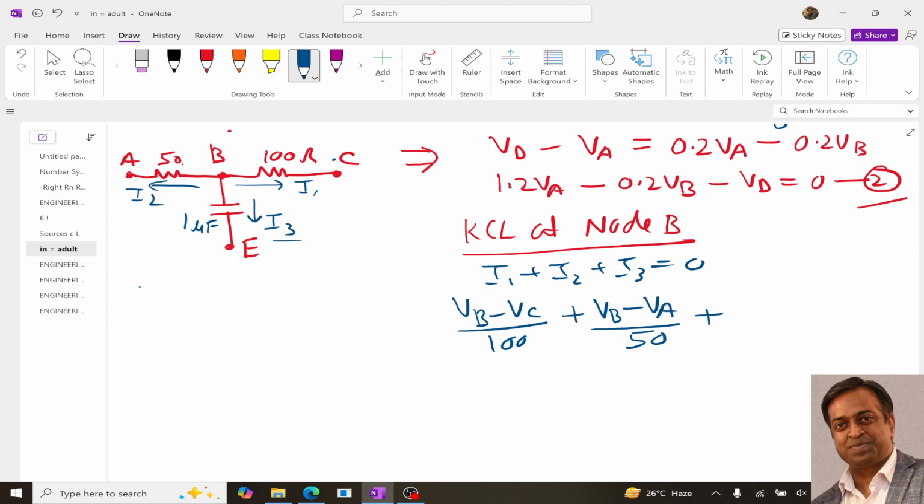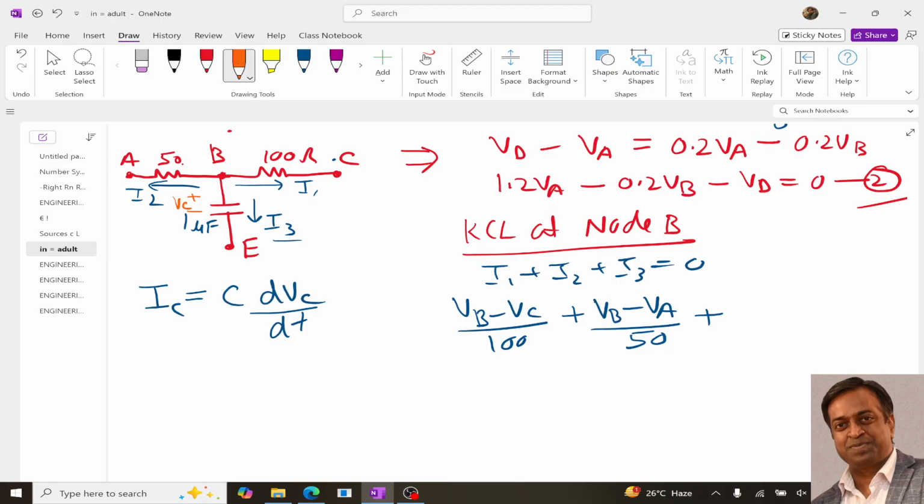We know for the capacitor, current is expressed as C dV by dt, where V is the voltage across the capacitor.